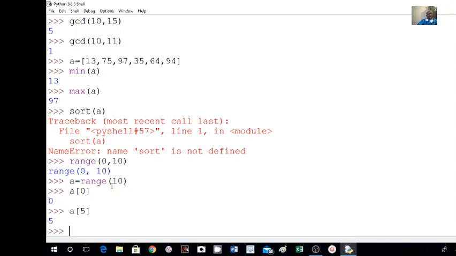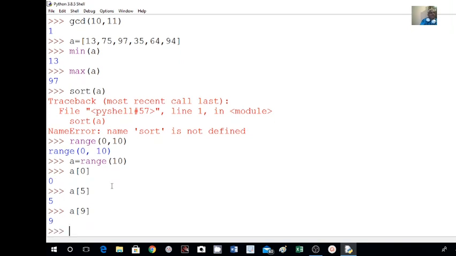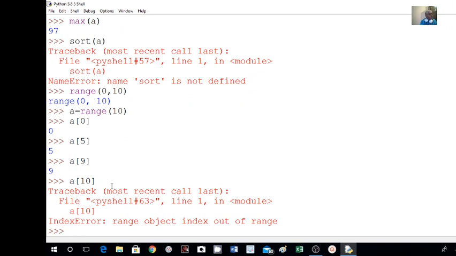And the increment is 1 here. 0, 1, 2, 3, 4, 5, 6, 7, 8, 9. Okay. And the ninth place, A9, is equal to 9. Now if I write A10, this is out of range.